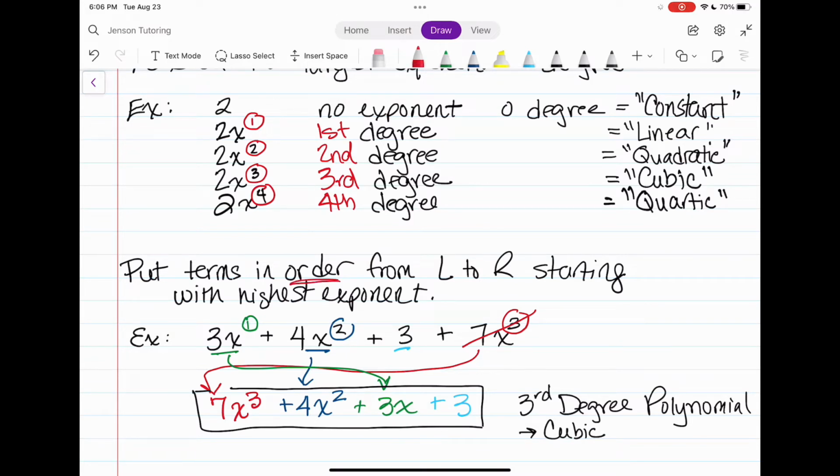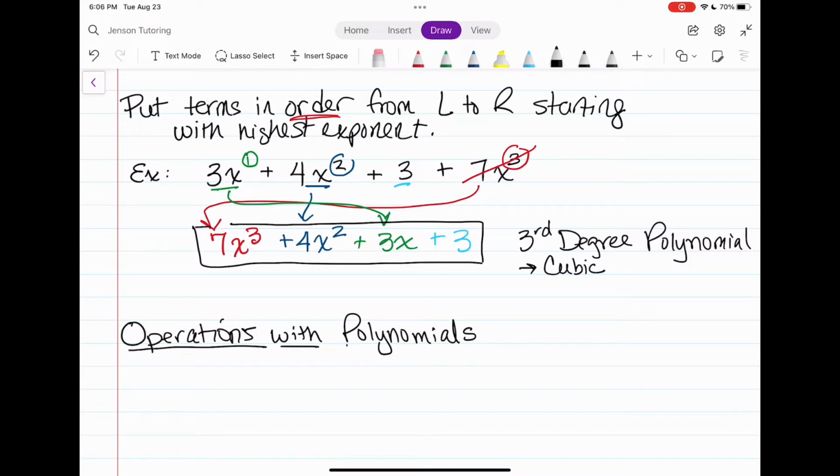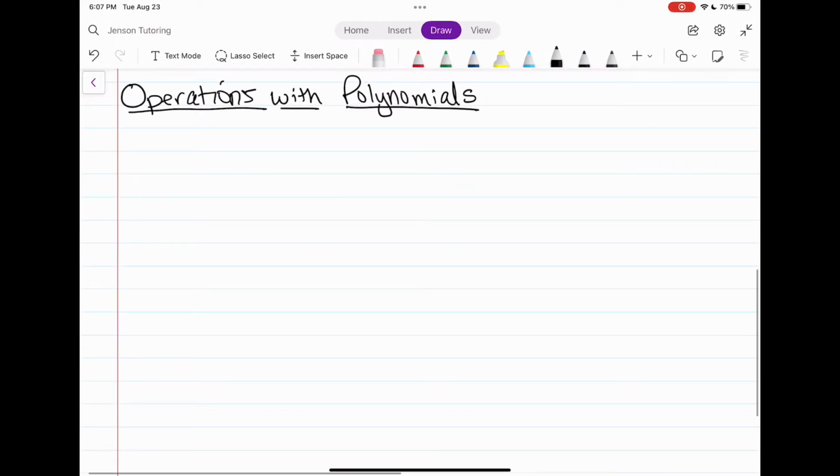So let's go over just some practice problems and operations with polynomials. Basically, there's three types of problems that we might see.